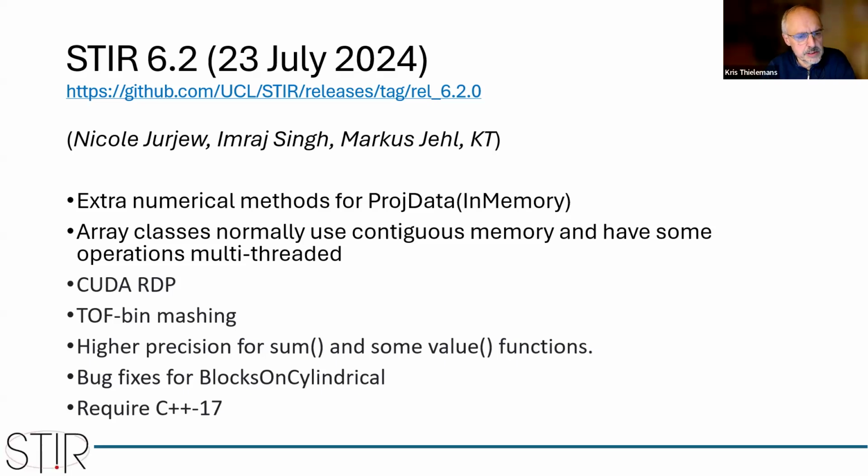So that was a somewhat difficult first step, but will now make things much easier. Yeah, some more big bug fixes, and we now require C++17, which will in the future also allow us to write nicer code.